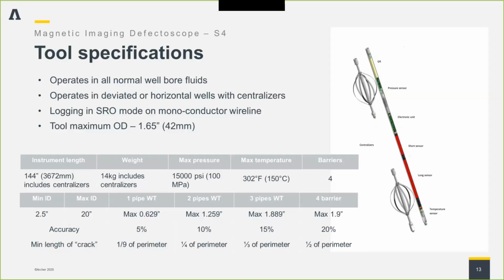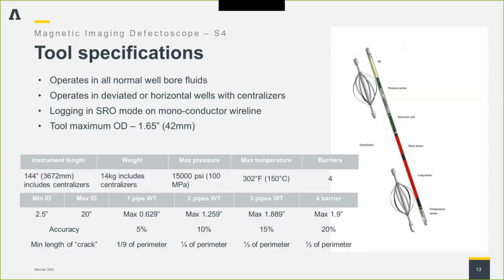But it will be appreciated that Archer can predetermine that, for example, if we are intervening in 3.5 tubing, those parameters can be pre-calculated earlier, then we know the minimum crack that can be detected by these tools.